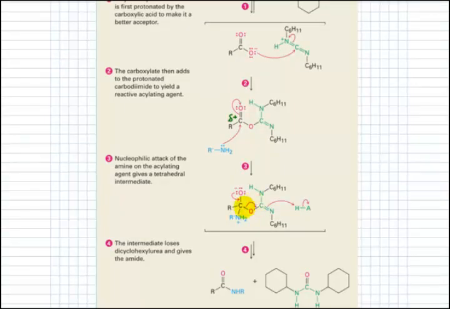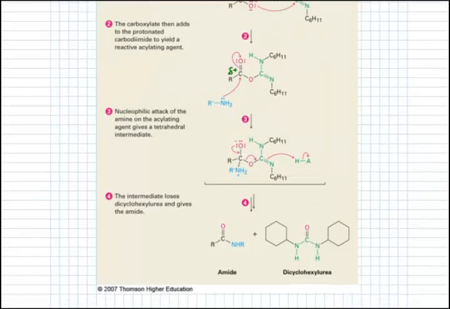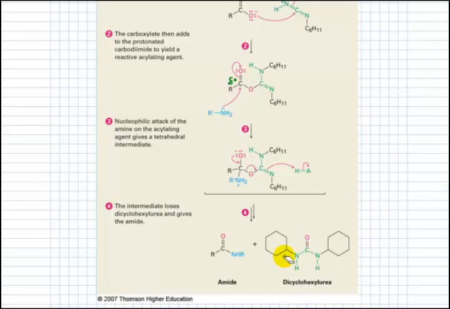We form a CO double bond in DCC right here, which then forces this double bond to go and attack a proton. So it protonates it. We get a nice neutral leaving group that's come off here, and that's how we get our amide. So C double bond O, NHR.